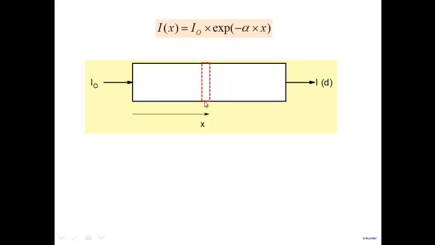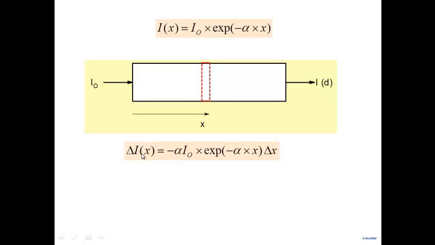I would like to know in this small element at x how many carriers are generated. The decrease in light intensity as I go from x to x plus delta x will be delta I(x) equal to minus alpha I naught, and so on. The decrease in light intensity means those photons have been absorbed, and each photon will give rise to one electron-hole pair. So how do I convert this?